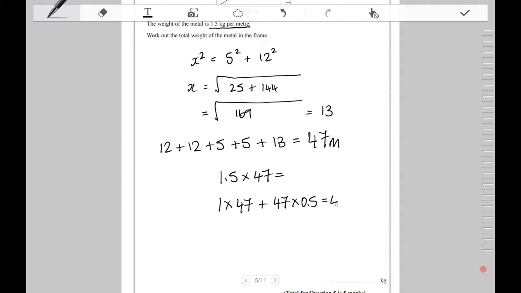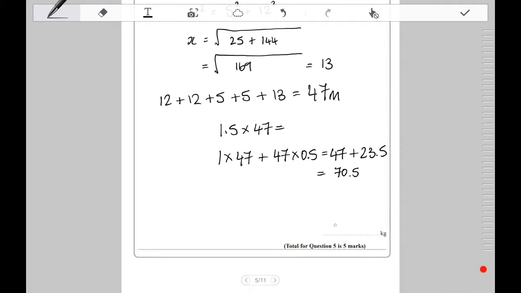So that would be 47 plus a half of 47. Well, half of 46 is 23. So this will be 23.5. If we add them together, we should get 70.5 kg.